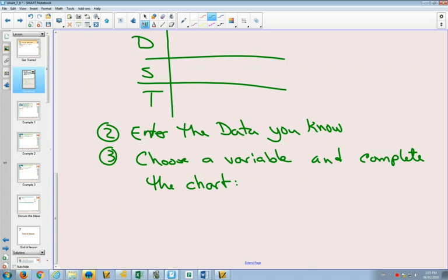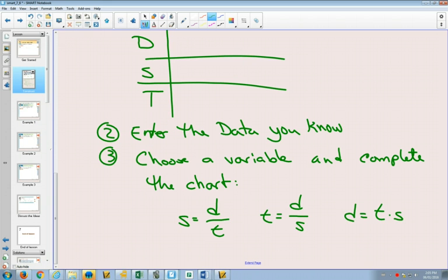So our formula for speed is distance over time. Rearranging this formula, you get time is distance over speed, or distance is speed times time. All three of those are the same formula, just with the variables rearranged.